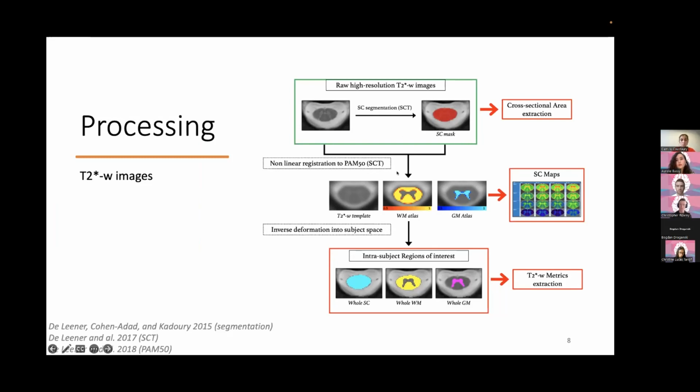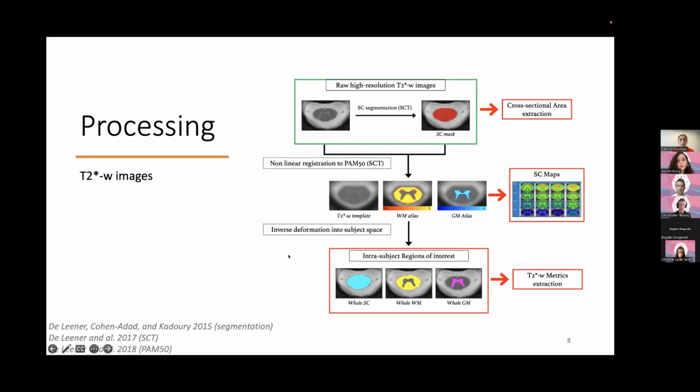The second step was to register our patients' data into the PAM50 template from the Spinal Cord Toolbox, thanks to the spinal cord segmentation we had. This registration process enabled us to have each subject's images in the same space so that we could produce some spinal cord maps.